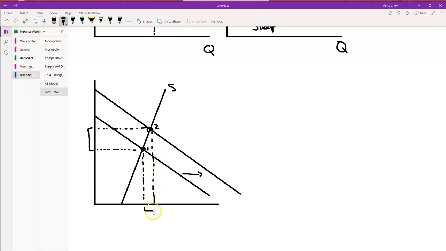So the amount of quantity change is smaller than the amount of price change. And this is given by the inelasticity of the supply line.